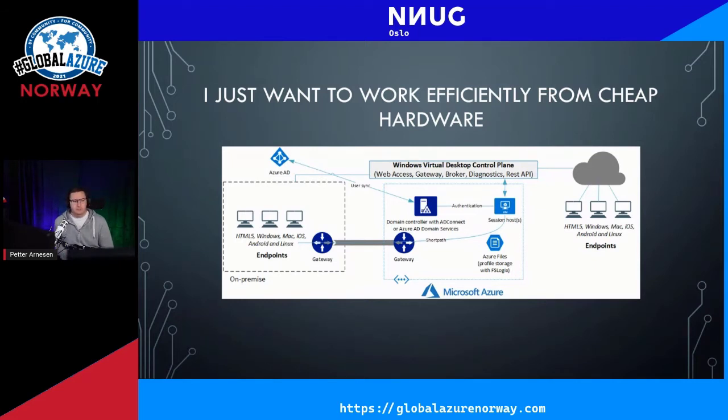right side. It would function pretty much the same, but since there's no direct line of sight between the endpoints and session hosts, you can't use Shortpath, so you will see some increase in round trip time, latency, and bandwidth, really.